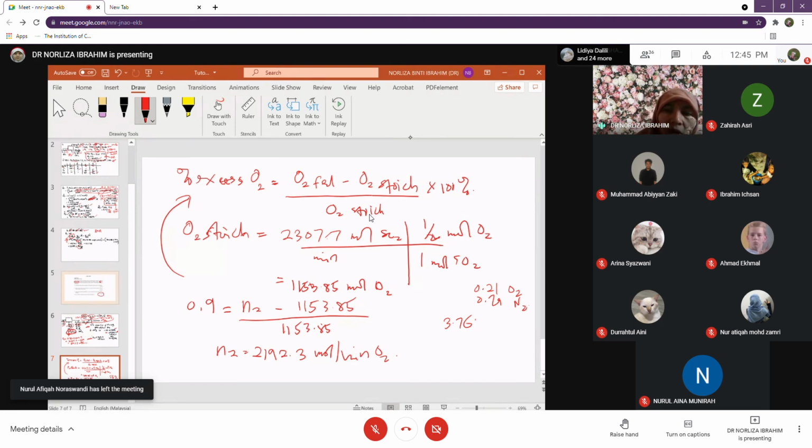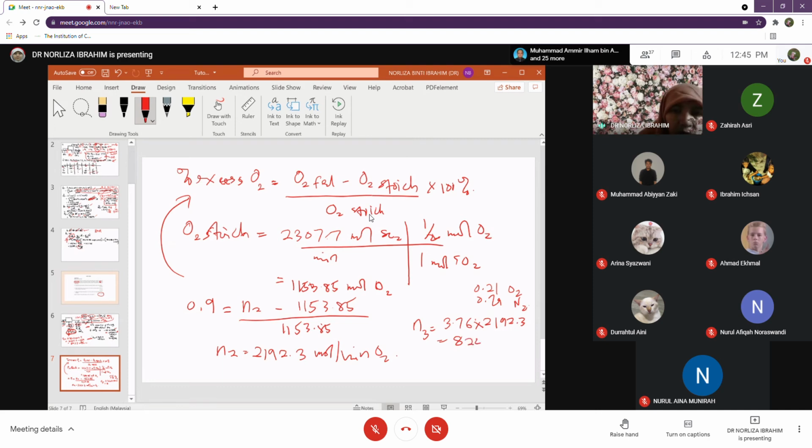Okay, so to get the nitrogen, N3 is 3.76 times 2192.3, which is 8243.1 mole per minute nitrogen.